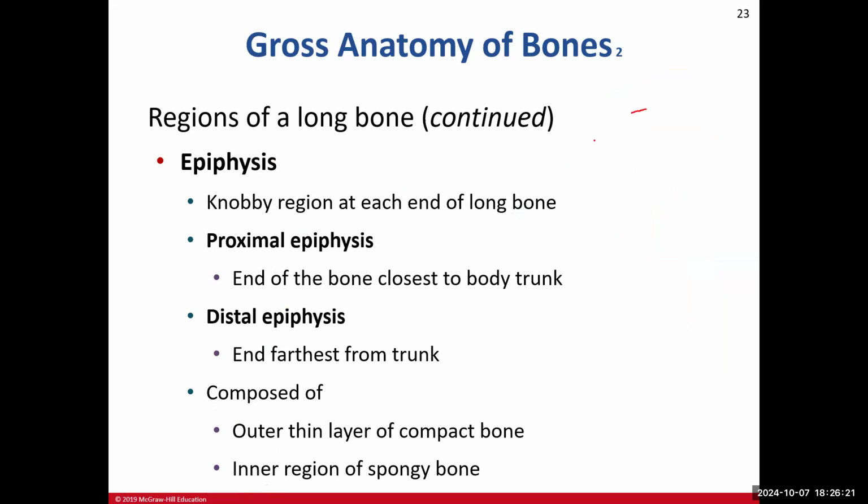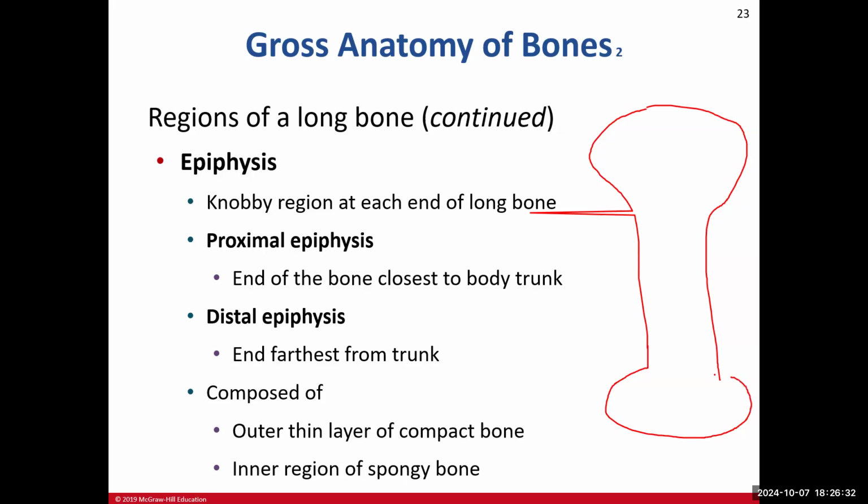On each end of the bone, you have an epiphysis. And like it says there for the description, it's a knobby region. So you'll have this knobby region on each end of the bone. And so if you have two knobs, that means one end is closer to the axial skeleton. So that's going to be the proximal epiphysis. The other end is going to be further away from the axial skeleton, which is your trunk, and that's going to be the distal epiphysis.